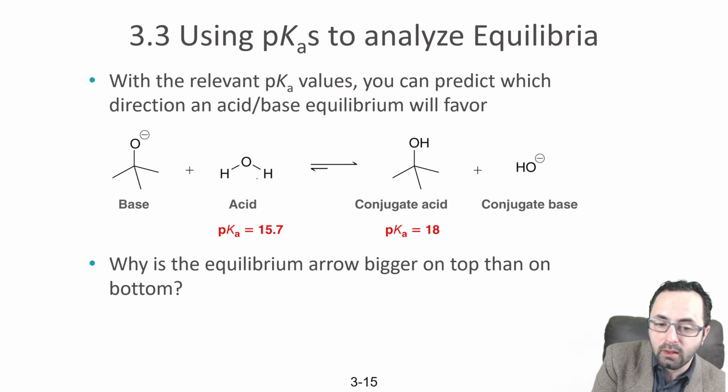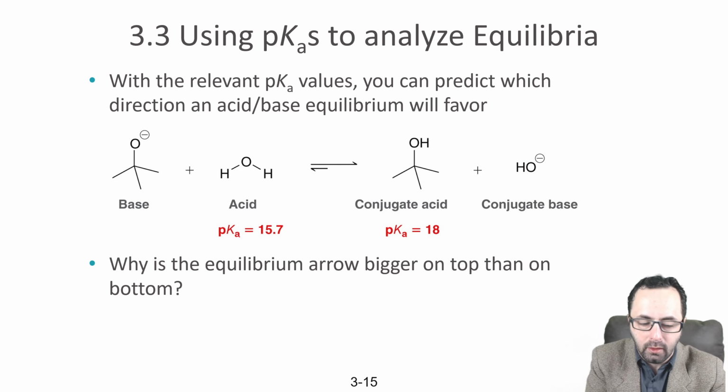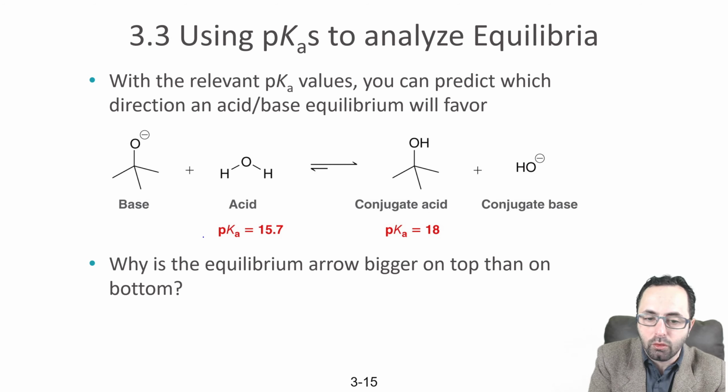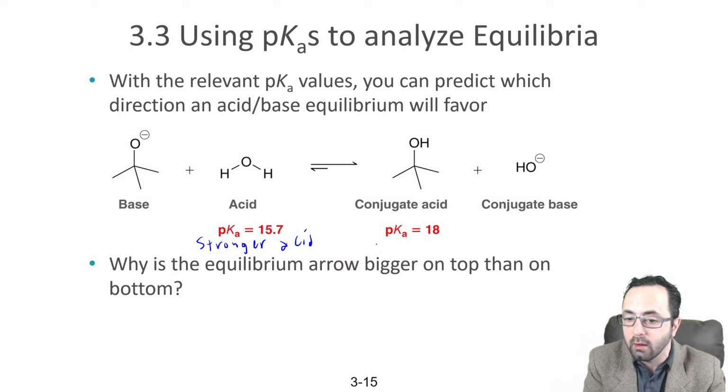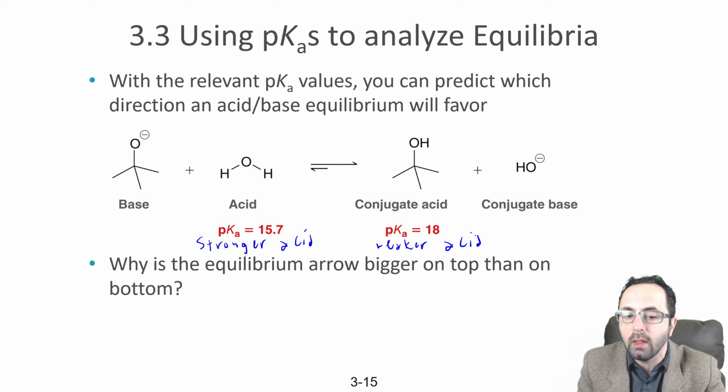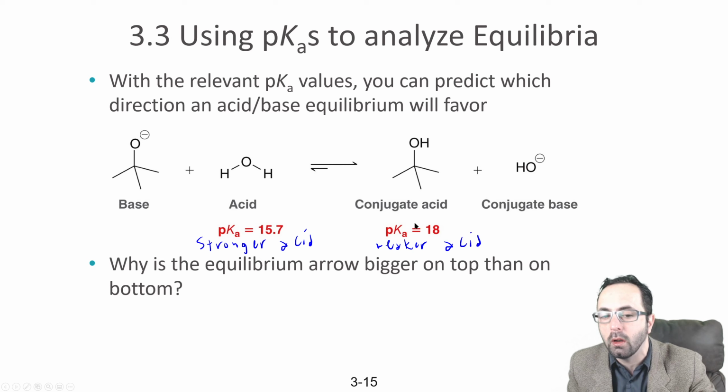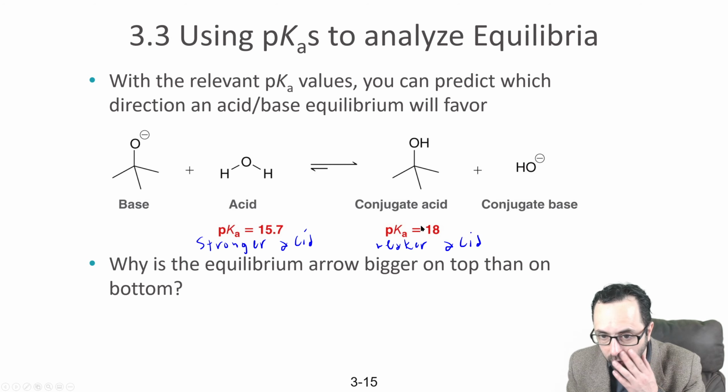So here is a stronger acid. This here is the stronger acid. I can tell because this conjugate acid here is the weaker acid. And I can tell that because the pKa is smaller for water than it is for this conjugate acid, the tert-butanol.